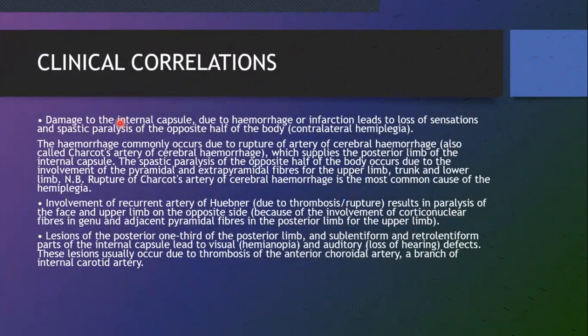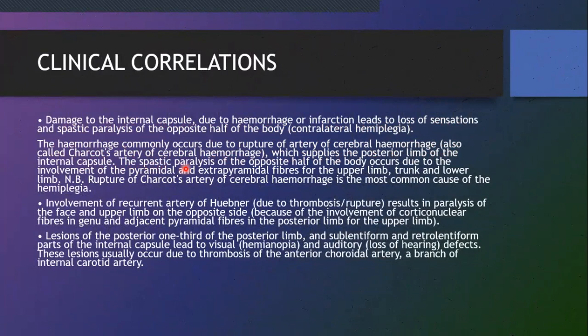So, clinical correlations. Damage to the internal capsule due to hemorrhage or infarction leads to loss of sensation and spastic paralysis of the opposite half of the body, or contralateral hemiplegia. The hemorrhage commonly occurs due to rupture of Charcot's artery of cerebral hemorrhage, which supplies the posterior limb of the internal capsule.